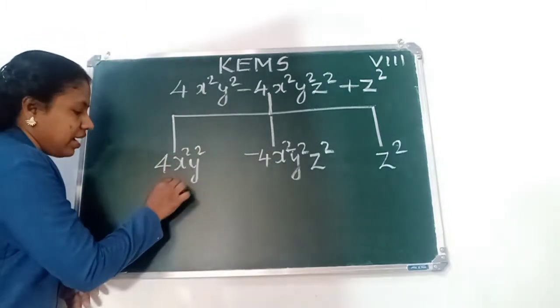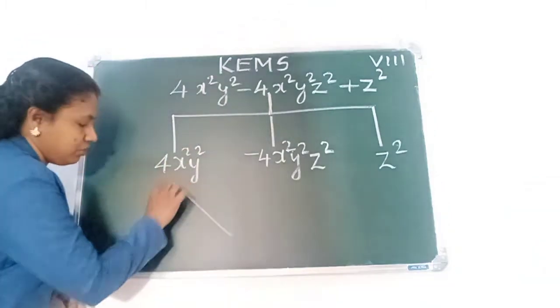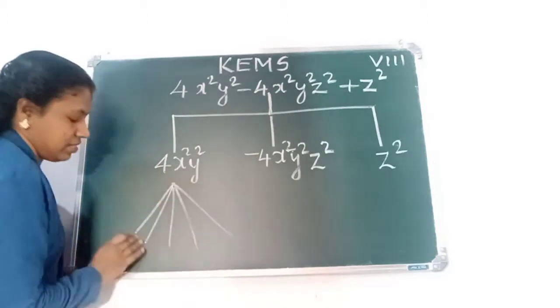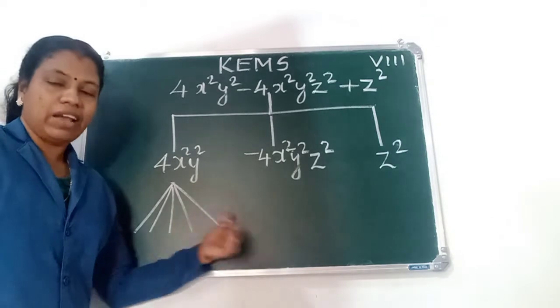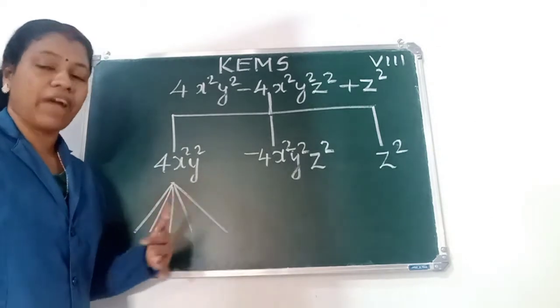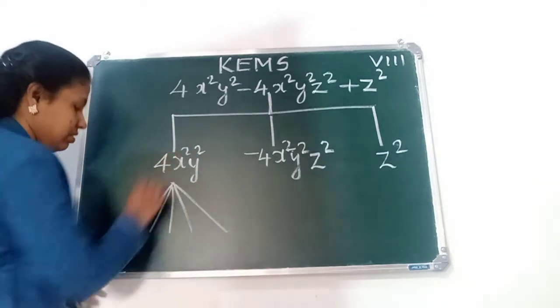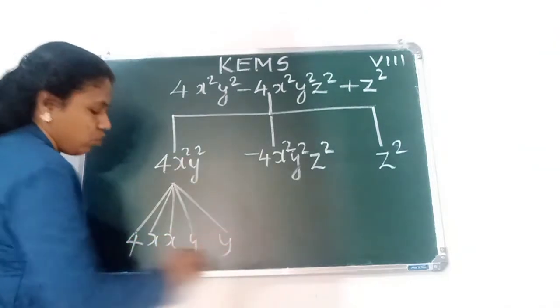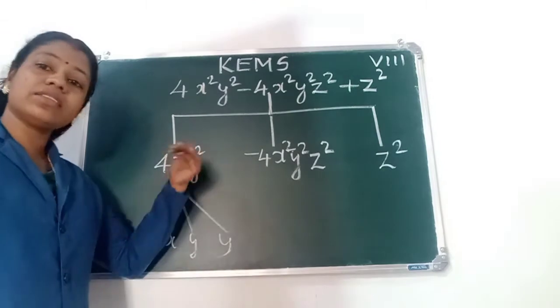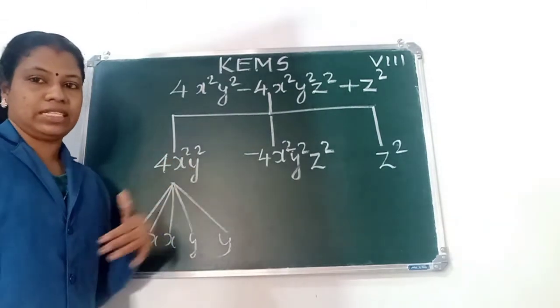So we can divide this term into 5 lines. 1, 2, 3, 4, 5. These 5 lines indicate the 5 factors of the first term. So, first factor 4, x, x, y, y are the factors of this first term.